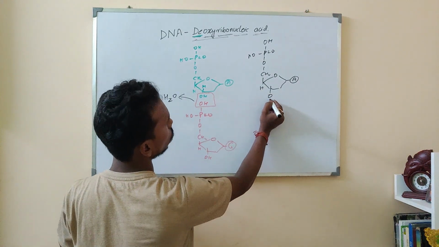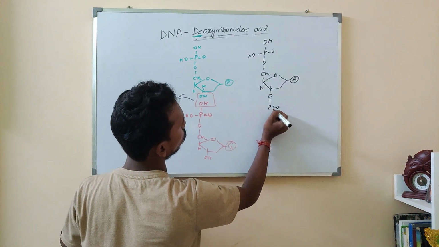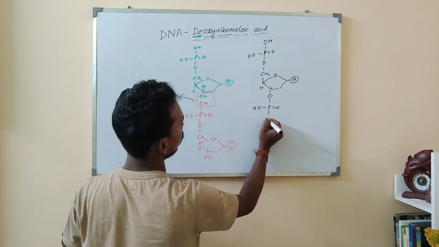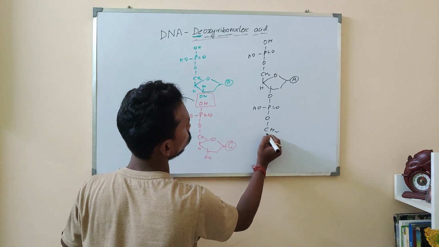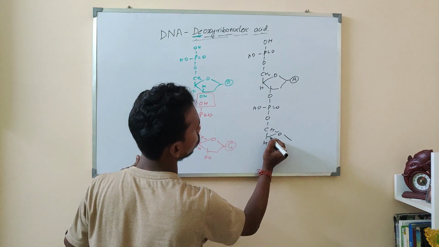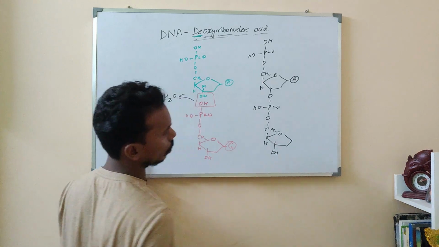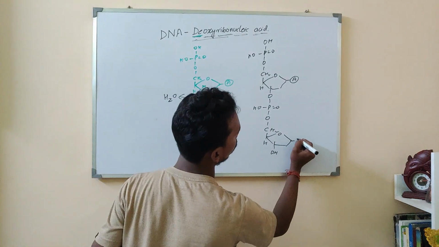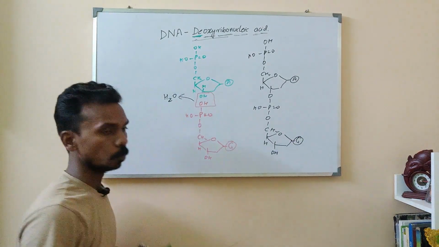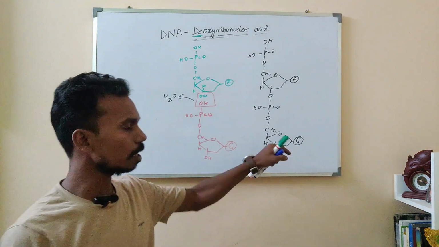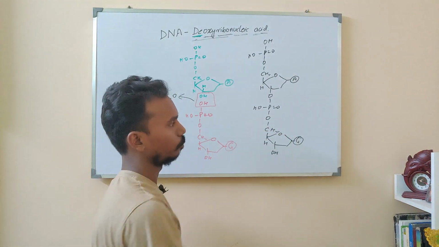So it will be O, then P, double bond O, single bond OH, and then O, then CH2, then H, and again the third carbon will have the free hydroxyl group along with the guanine as nitrogen base at the first carbon of this ribose sugar.